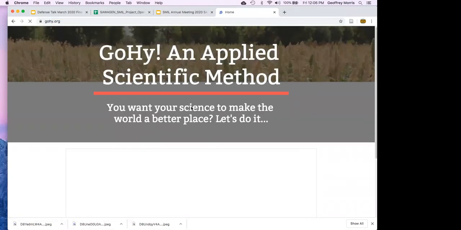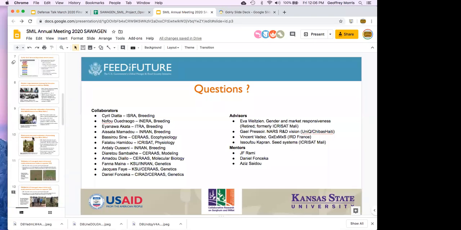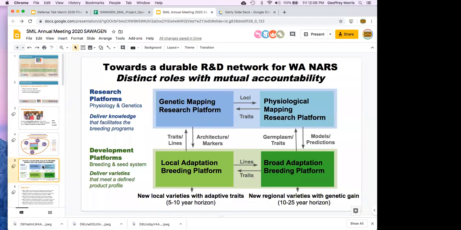So the survey he did in Senegal is with me. So we are collaborating on grain mold specifically. Currently, we don't know exactly the different species involved in grain mold. And this work we are doing with Sar, who is a phytopathologist based at CERAAS in Bambey. So we are there connecting the two projects.